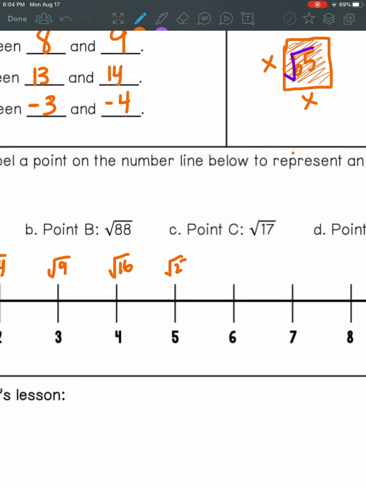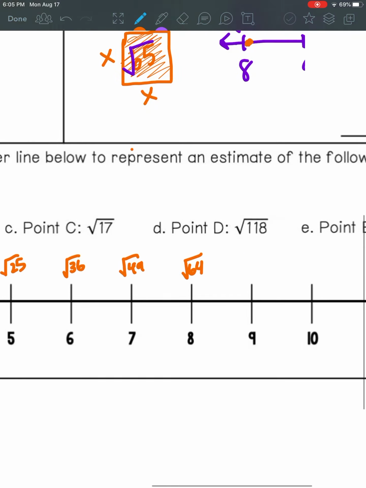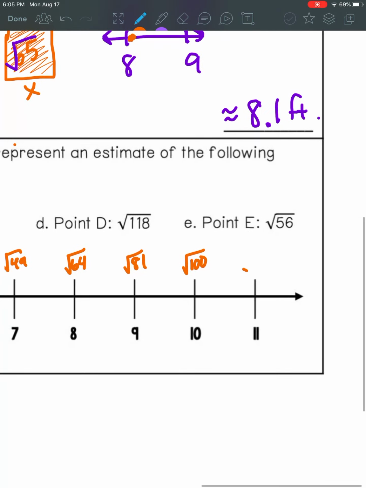And I'm going to keep going, square root of 25, square root of 36. And all I'm doing is taking that number, multiplying it by itself. 7 times 7, 8 times 8, 9 times 9, 10 times 10, and 11 times 11.